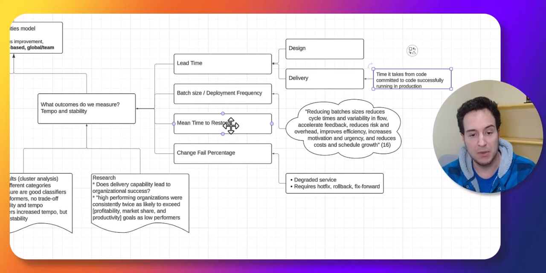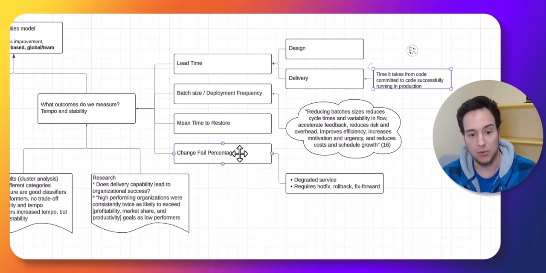The next one they talk about is mean time to restore. In a perfect world, everything goes right. In the real world, things go wrong, and we need to see how quickly the team can right itself, and get back to delivering quality, good stuff to their customers.